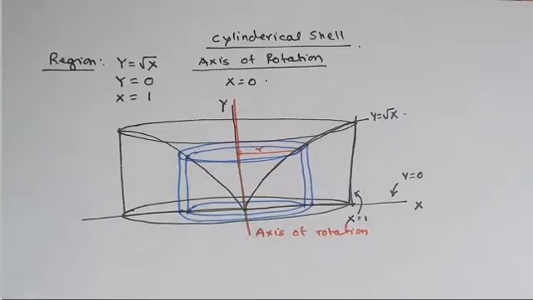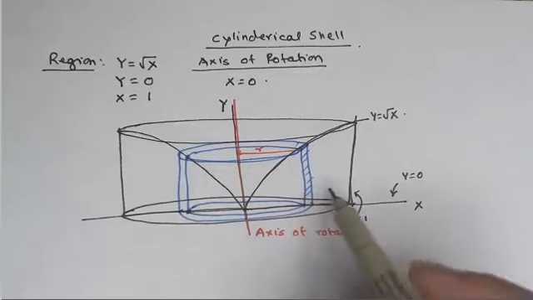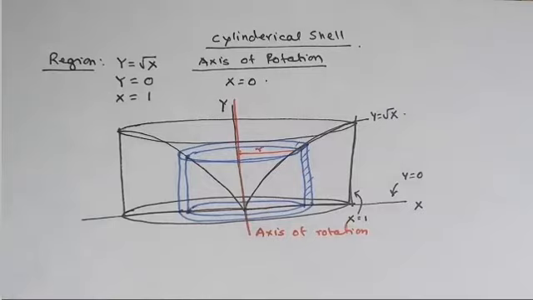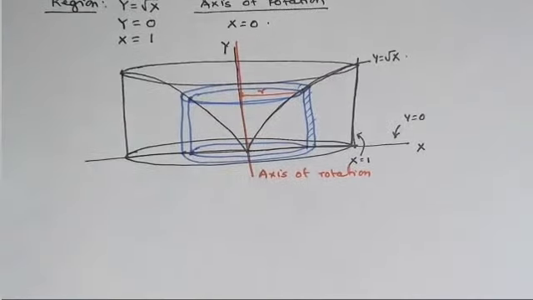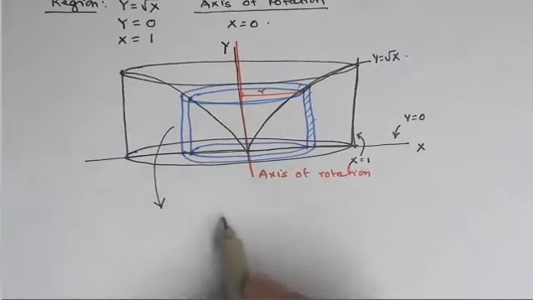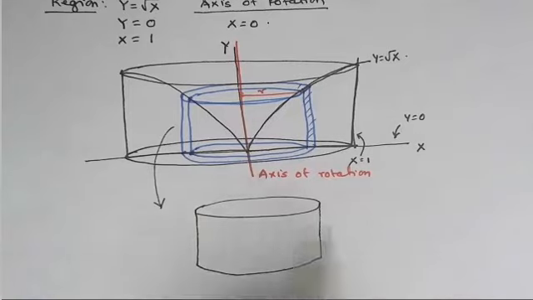Okay, and as with the disk method and the method of washers, as a first attempt, we're going to just try to calculate the volume between the inner cylinder and the outer cylinder. So let me just draw those a little bit more carefully so you can see what's going on. Here's the inner cylinder.